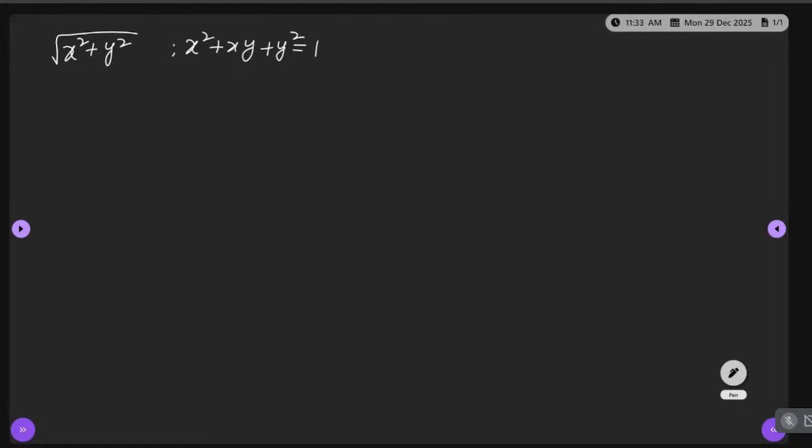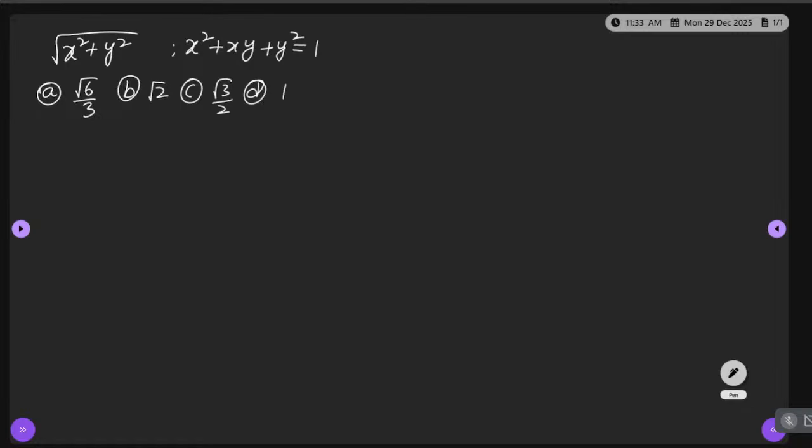Write down the options. Option A, root 6 by 3. Option B, root 2. Option C, root 3 by 2. Option D, 1.